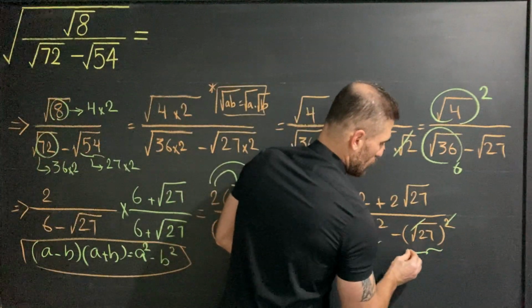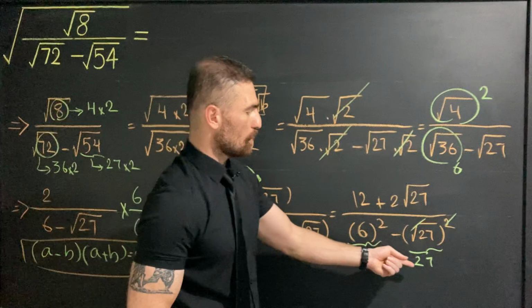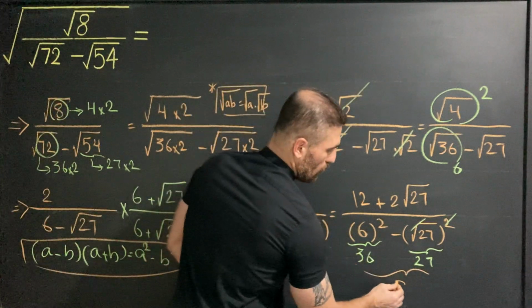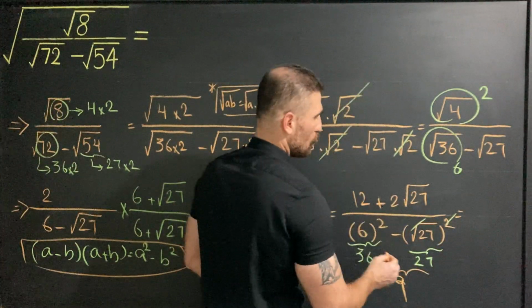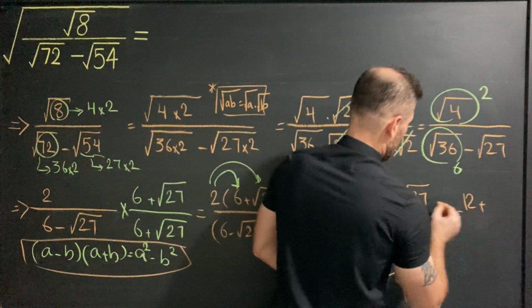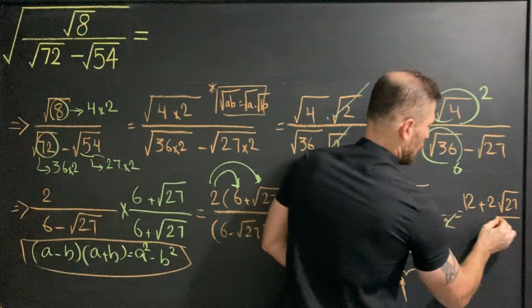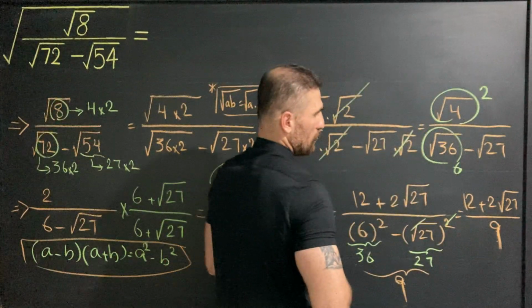So the answer is 27. Let me know, 36 minus 27 is 9. So our expression is going to be on top 12 plus 2 second root of 27. On bottom we have 9. Let me keep it here.